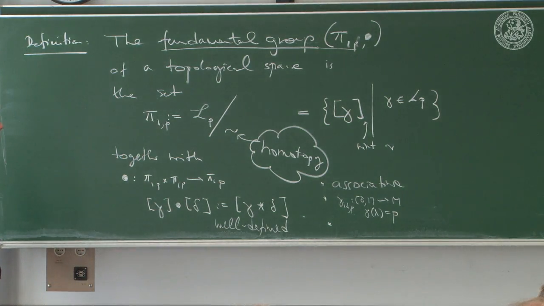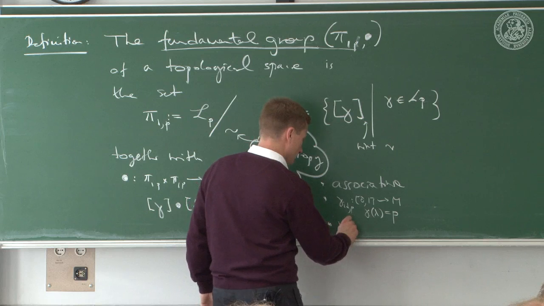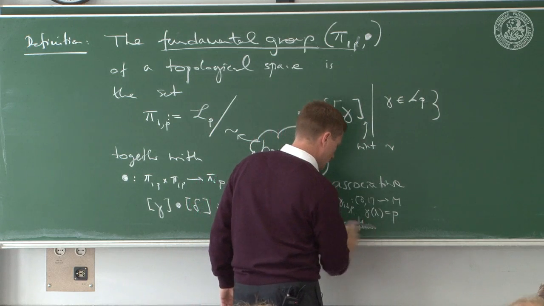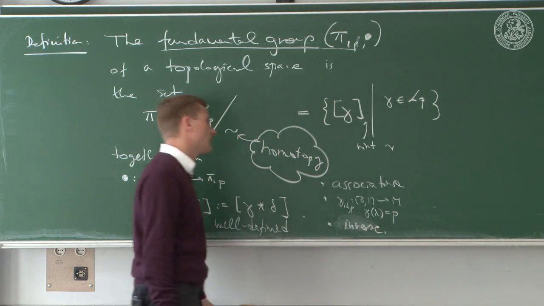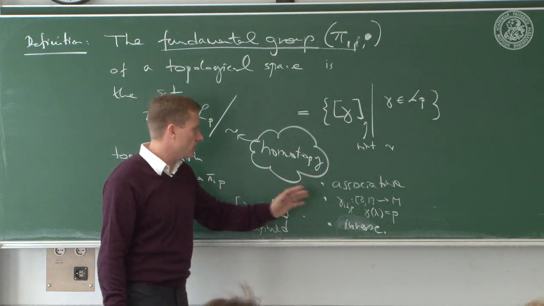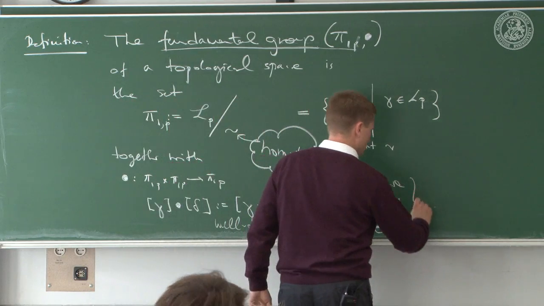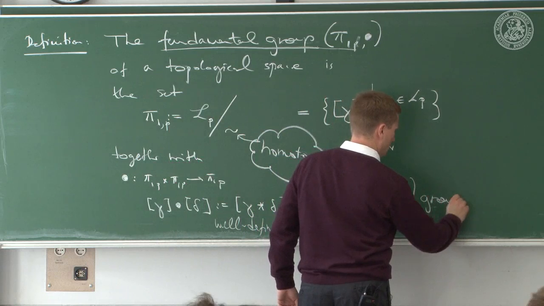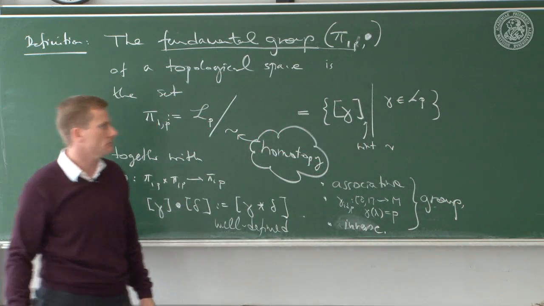Is that true? Yes, that's true. You run through it backwards. So, okay, you also have an inverse. That means we know nothing about commutativity, but we have a group structure. So this is a group, it's called the fundamental group.